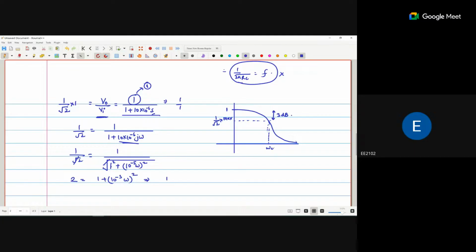This means 1 is equal to 10 raised to power minus 5 omega, whole squared. Taking the square root, 10 raised to power minus 5 omega is equal to 1, so omega is equal to 10 raised to power 5 radian per second. And f is 10 raised to power 5 divided by 2 pi, which is in hertz. Clear?